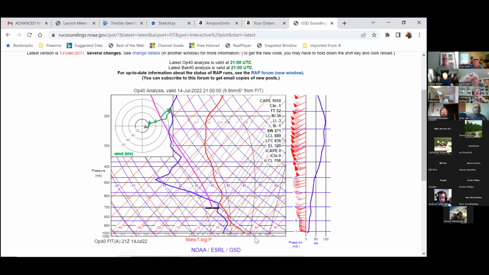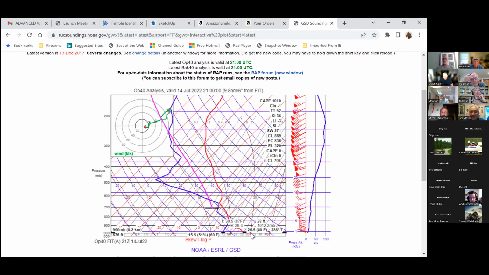So if you take a parcel of air here at the surface, and I've picked 80 degrees, and look at what happens to that parcel of air. It starts at the bottom of the purple, and it rises following a line of constant energy. That's the skew part of it.